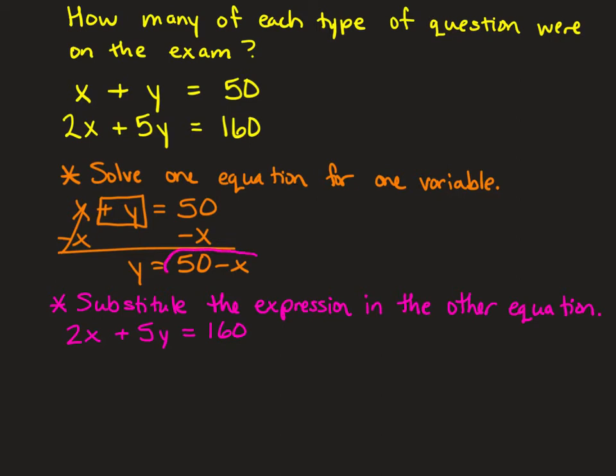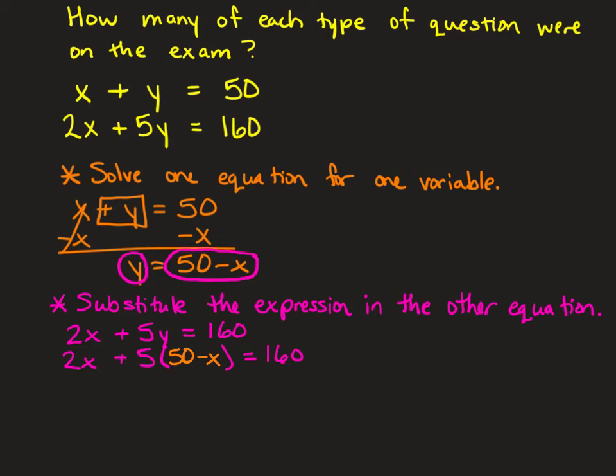The expression I got was 50 minus X. We're substituting it in place of Y because Y has the same value, or equals 50 minus X. So where I see Y in my equation, it's 5 times Y, so I'm going to put it in a parenthesis, and I'm going to plug in that value, that expression, which is 50 minus X. And so I've substituted the expression, and I'm just going to simplify this and then solve for X.